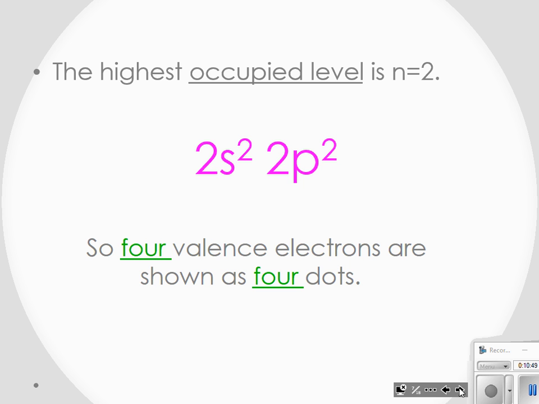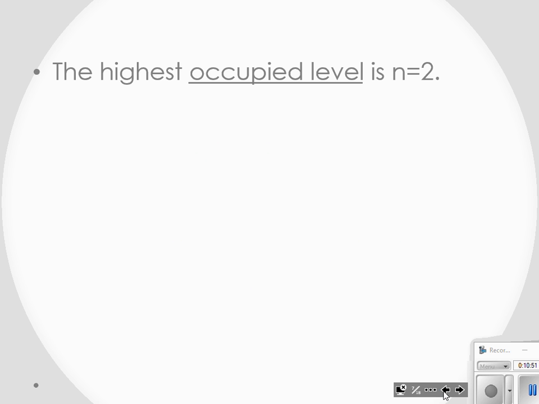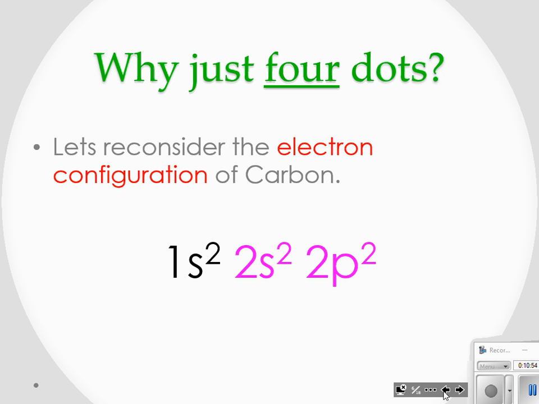Okay. Let's go back. See this? What is the rule for valence electrons? The outermost energy level, correct? So this one, I'm looking at 2 energy levels. There's the first one. There's the second one. Is the second energy level filled?